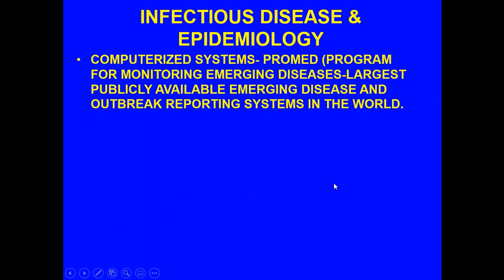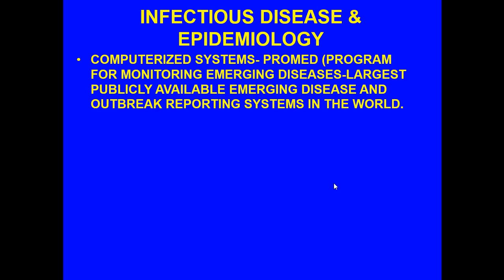Now, there's another thing, and yes, you can access it. It is computerized systems. The internet has provided us with a wealth of information. And yes, I'm talking besides the cute kitten videos. No, I'm joking here, but there is a site, and if you put in PROMED in Google, you'll find it.